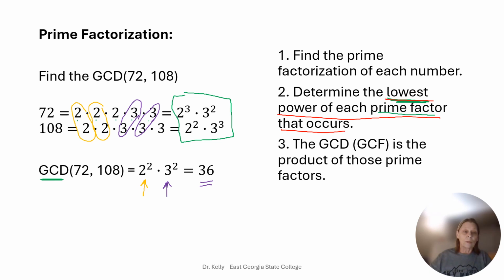We only have 2 prime factors here. We have 2 and we have 3. Here is our 2, here is our 3, and we're going for the lowest power that occurs. Here we have a square for the 3 and a square for the 2. Then we multiply them together. That gives us our GCF.